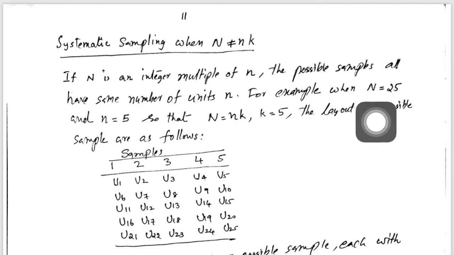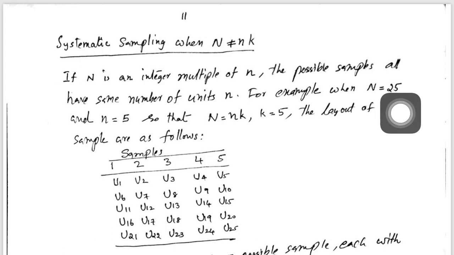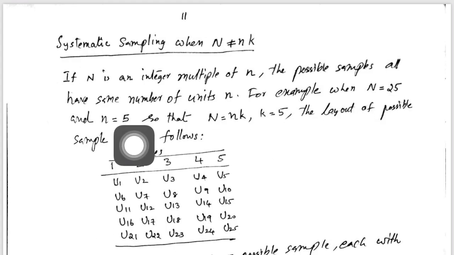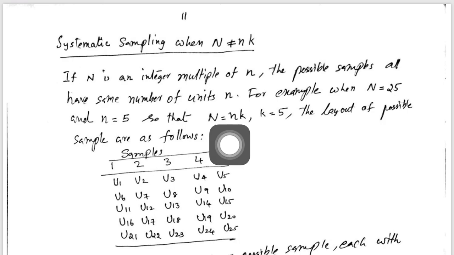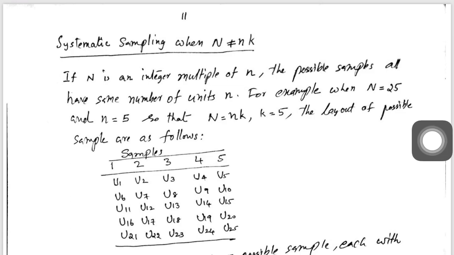This is only a hypothetical population, and I have listed all the units in this layout. So you can express capital N is equal to nk, where k is equal to 5, that is, k is an integer. This example is a case with capital N equal to nk. After that I will go for a case where N is not equal to nk.